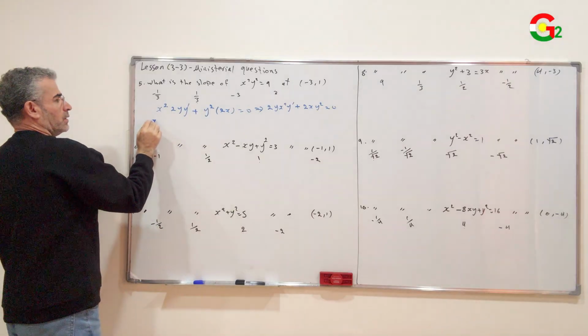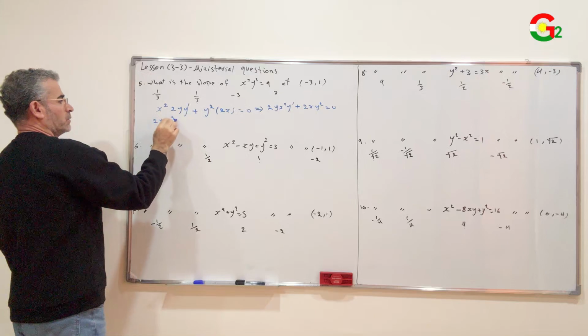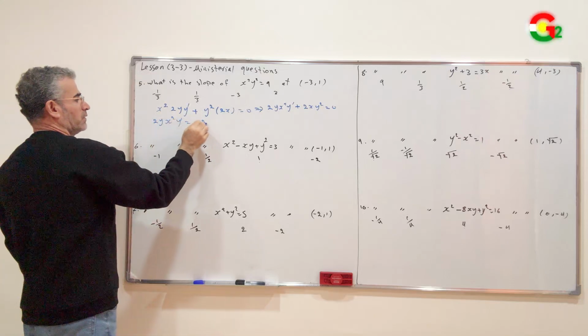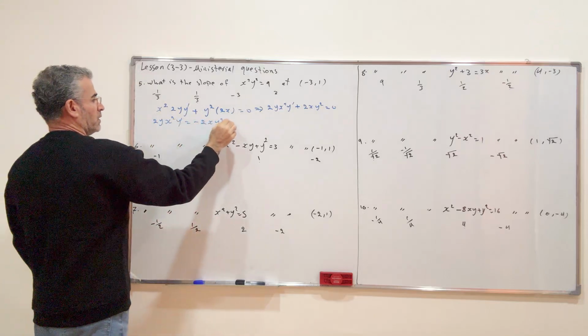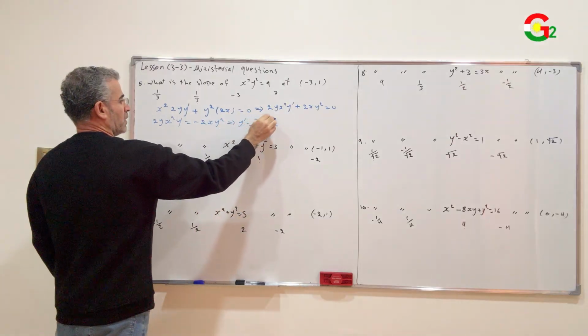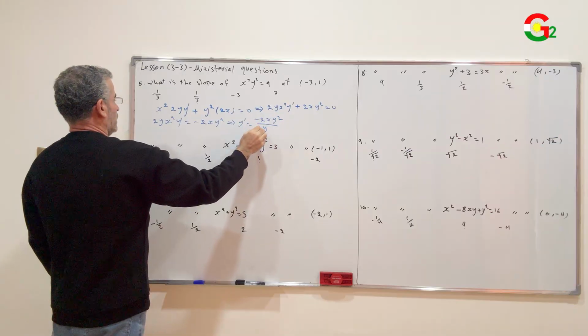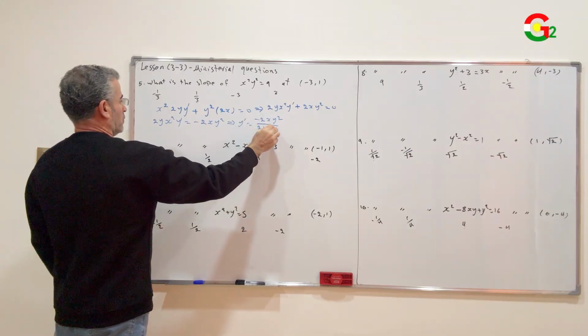Then 2y x^2 y' equal to -2x y^2. Then y' equal to -2x y^2 over 2y x^2.